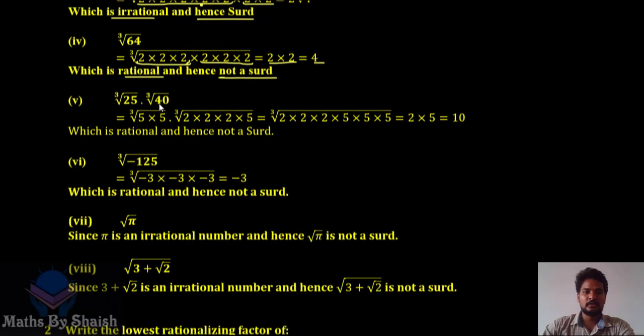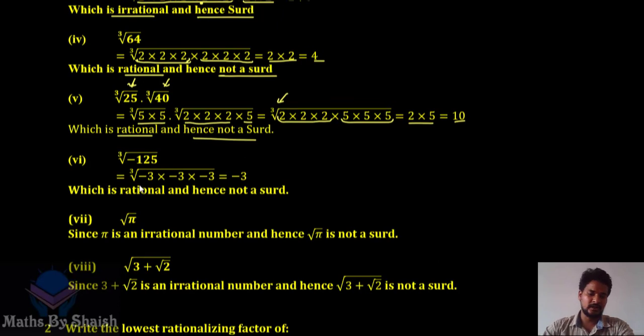For 25 into 40, alone they are irrational numbers and hence they are surds, but if there is a multiplication, we will do the prime factorization. 25 is 5 into 5 and 40 is 2 into 2 into 2 into 5, and when we combine, we will get 3 pairs of 2 and 3 pairs of 5, so it will come out because it's a cube root, and hence we will get 10, which is rational and hence not a surd.